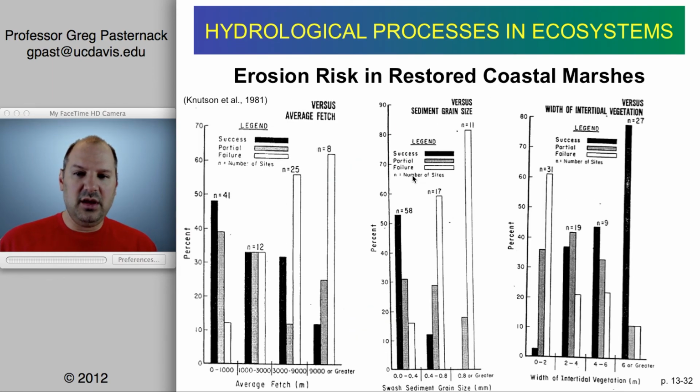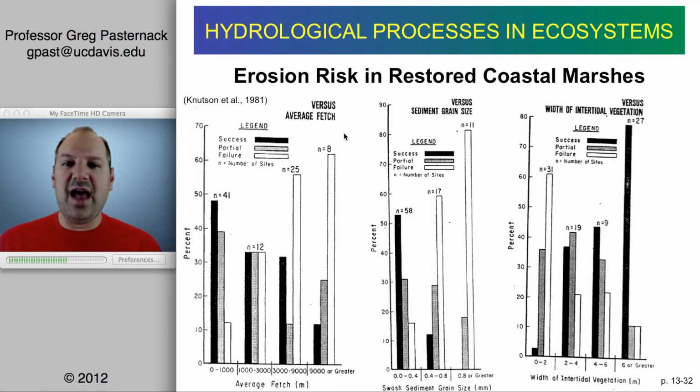And then finally, in terms of restoring coastal marshes, it's very important to understand that when you build something, it's going to be attacked by disturbances. In the coastal setting, one of the big disturbances is wind, because wind drives waves, and then waves can attack the wetland. What you can see here are three variables that affect the erosion of wetlands. Fetch is the distance over which wind blows.